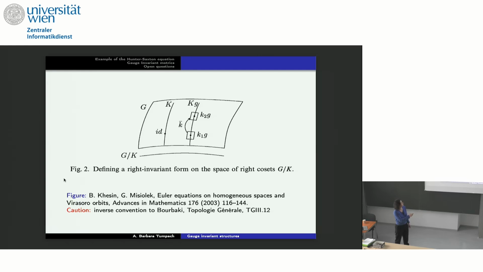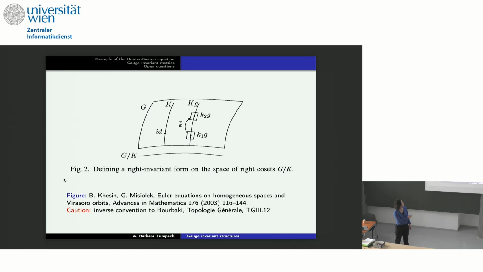And so there are different notations for cosets, action. We never know if you have to write a group on the right, on the left. It's a mess. And it's also a mess because in the literature there are two different conventions. One is the one used by Kessin and Misolek, which is this one.